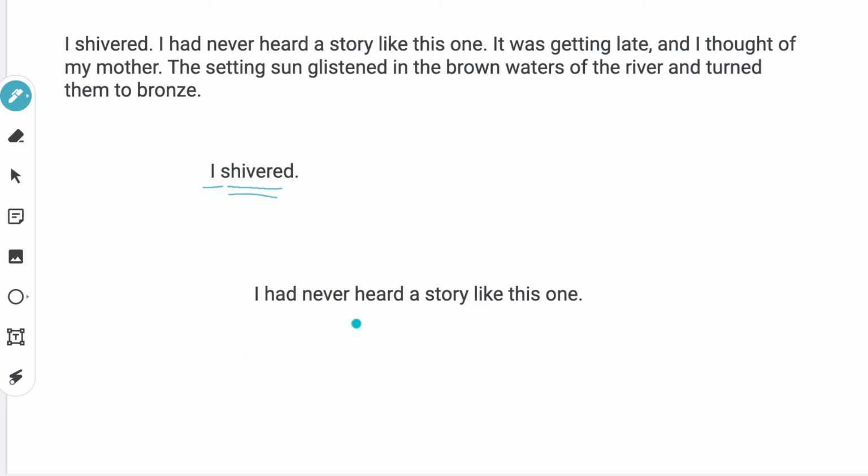In this case, the verb heard indicates an action. But this sentence also has a linking verb, and so we need to also underline had this way. So your students are going to need to be able to recognize what a linking verb is and what an action verb is. But the verb in this sentence is had heard.